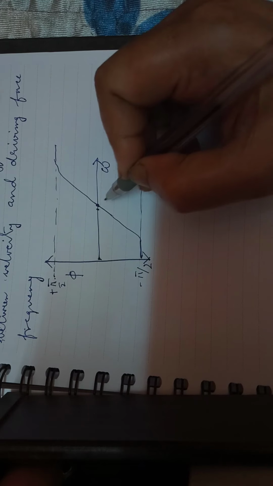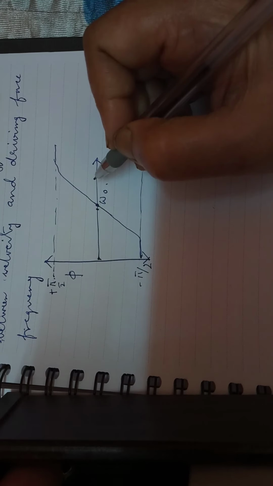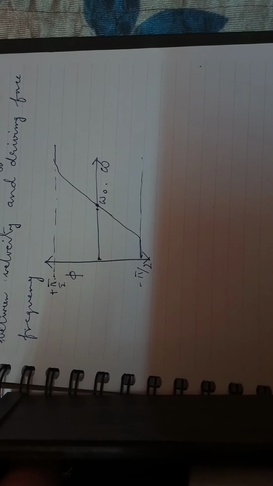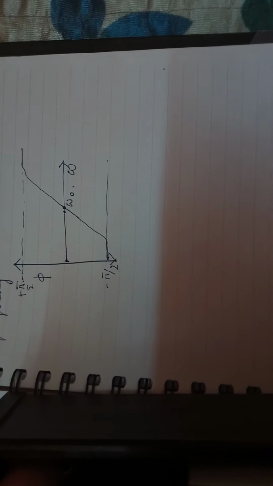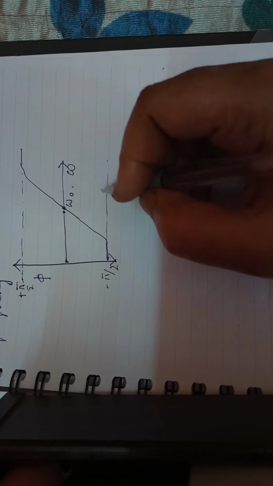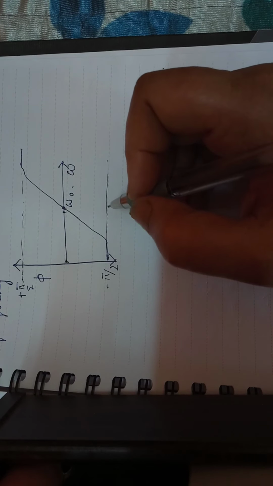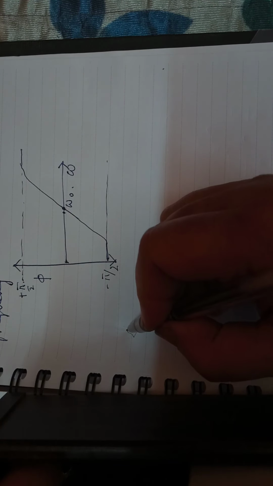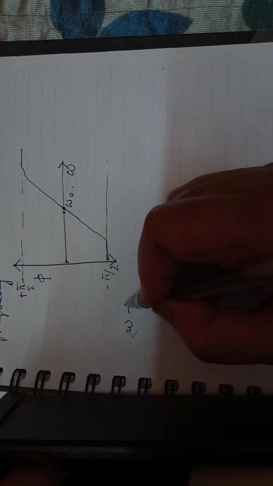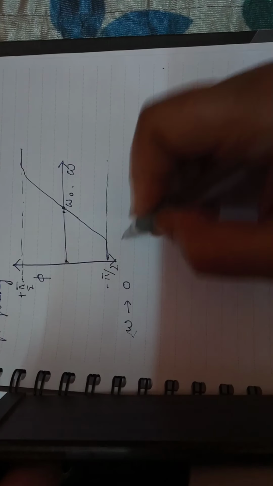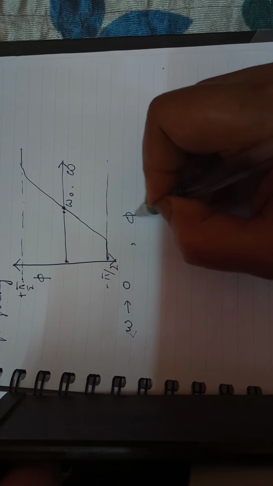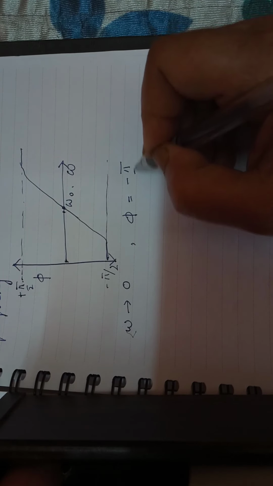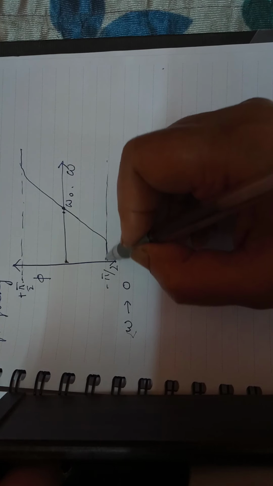So if this is your omega naught, what is it that we had observed yesterday? When the driving frequency is low, at low frequency, that means when omega goes to 0, then phi is equal to minus pi by 2 here.